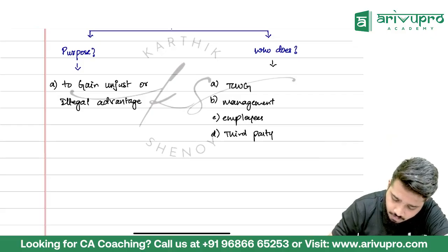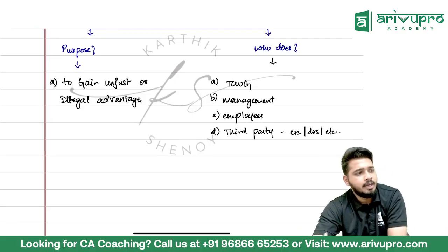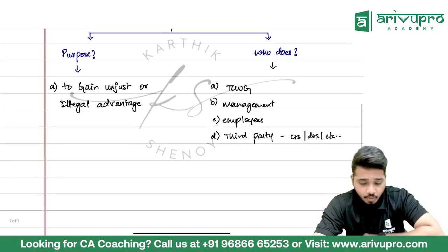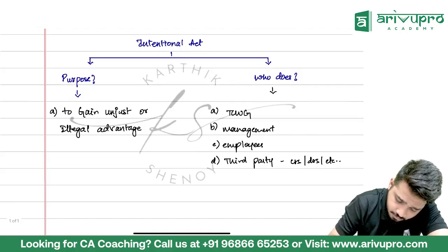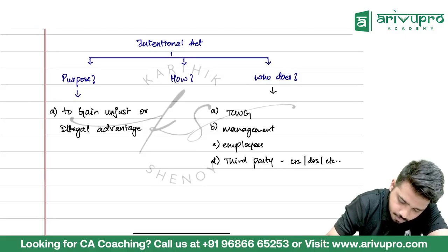Right? Third party means who, sir? Creditors, debtors, etc. These people also can do it. Now, how are they doing it, sir? Intentional act, correct. How? Clear?